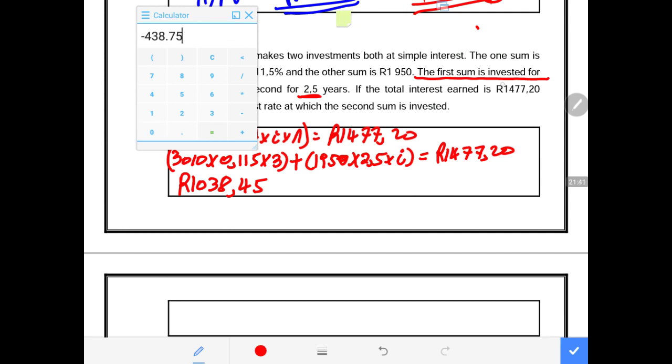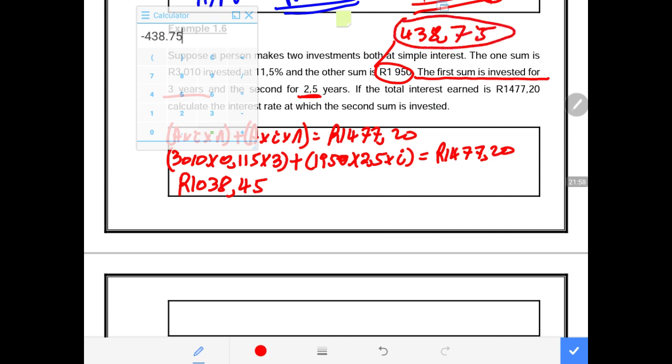Why? Because this is the total interest that was earned on both of the investments, meaning interest in terms of the amount that was earned on the second investment, we know that it is 438.75.